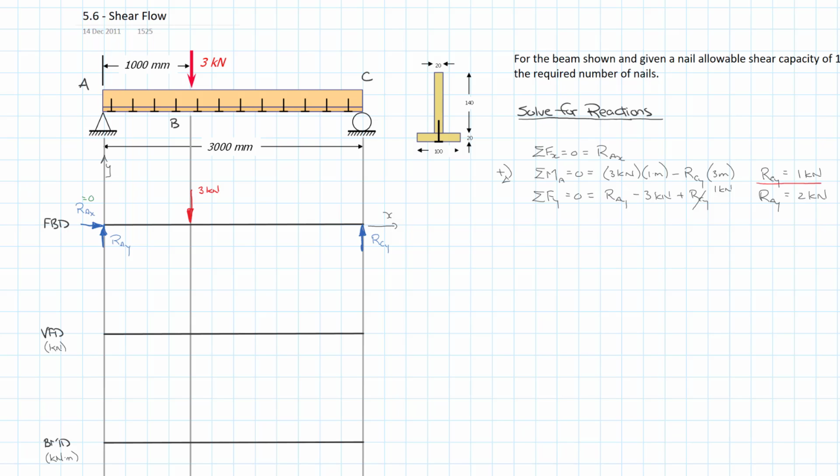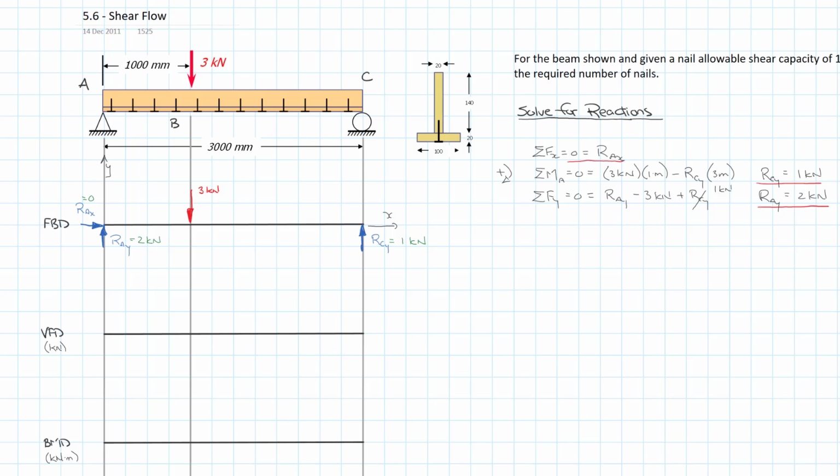Just identify these. And I'm going to go over, put them in my free body diagram. And we're good there. The next step, I'm going to use the graphical method to get to the shear force and bending moment diagrams. So I'm going to do it fairly quickly.